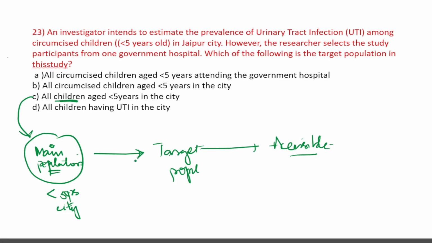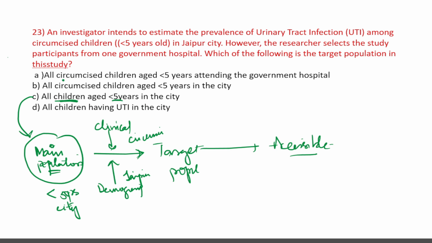Now what is the target population? Target population comes when you have clinical and then demographical characteristics. What is the clinical characteristic? Circumcision. And what is the demography? Jaipur city. So the main population was all children less than 5 years of age in the city.